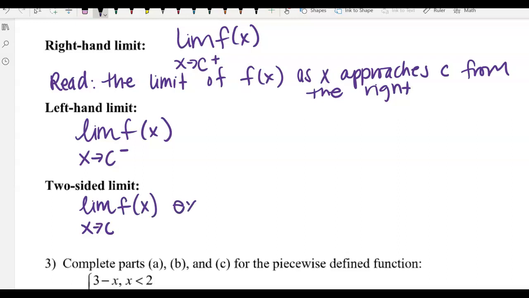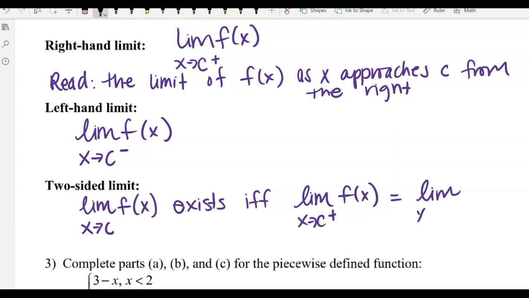Guys, the two-sided limit exists if and only if the right-hand limit of the function is exactly the same as the left-hand limit of the function.